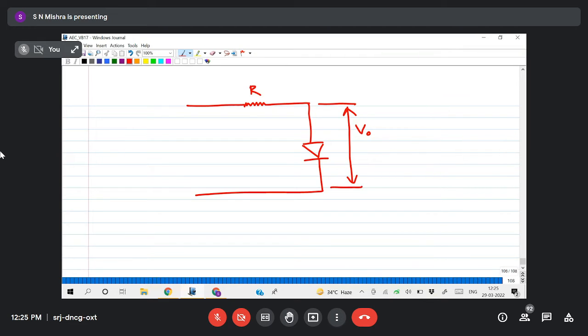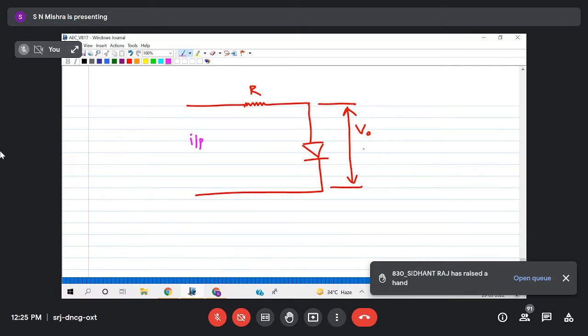Another diode or resistor can also be placed in parallel to the diode, that will give the same result. Sometimes the question will be like this, sometimes like this also, because across the diode, connected in parallel, we get the same voltage. For simplicity I am not taking the resistance, this side is input, this is your output.